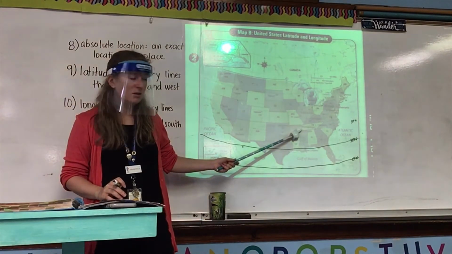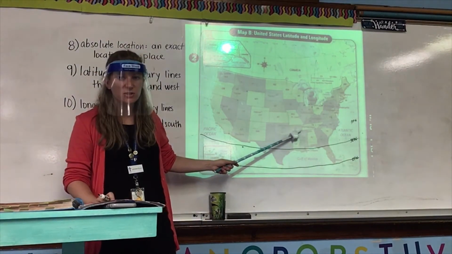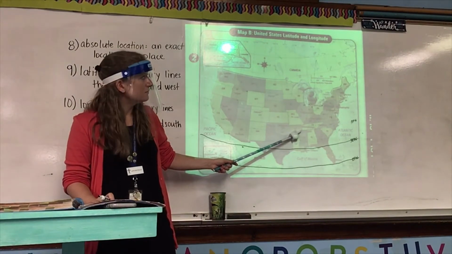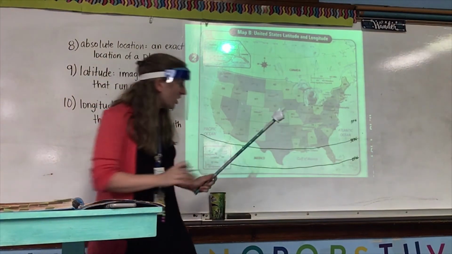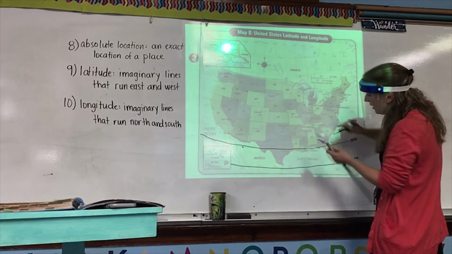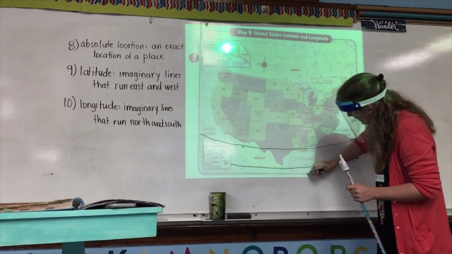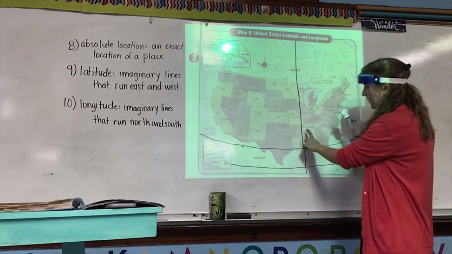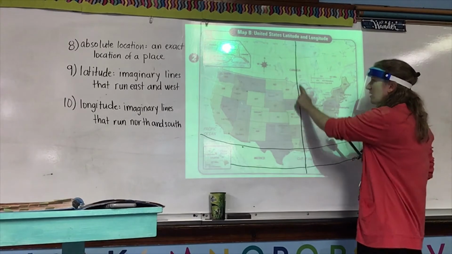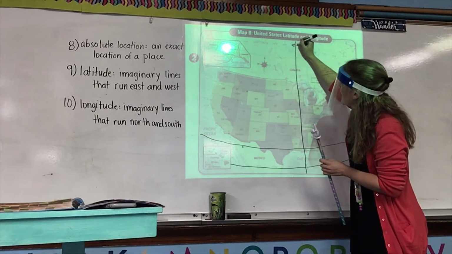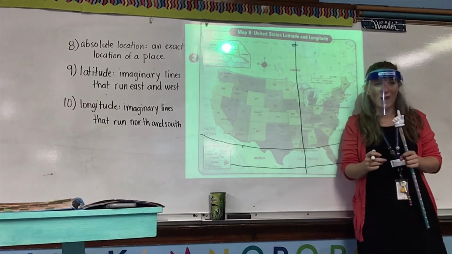Carla, what line of longitude is Memphis closest to? 90 degrees west. Good, because if you follow it from Memphis with your finger all the way to the top, you can see it is called 90 degrees west.